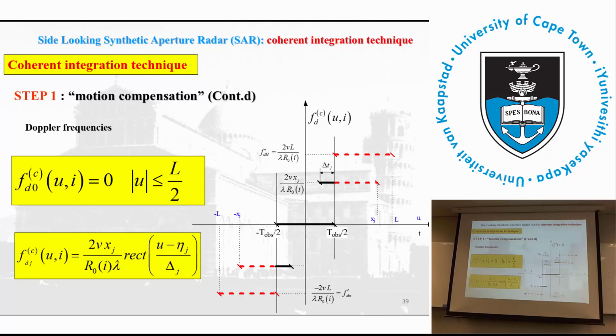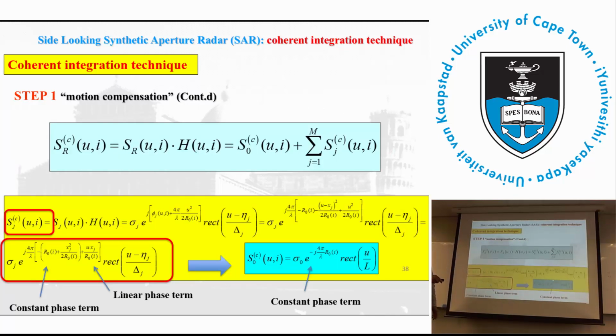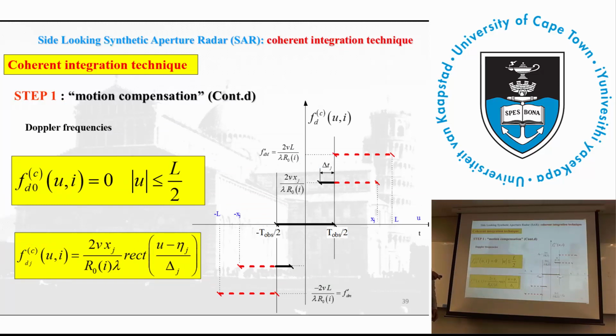So in terms of graphic visualization, my term that was associated with the scatterer in point O becomes flat. This term has zero frequency. This phase is constant. If I differentiate that phase, the Doppler frequency becomes 0. And in fact, I find it at 0 Doppler.